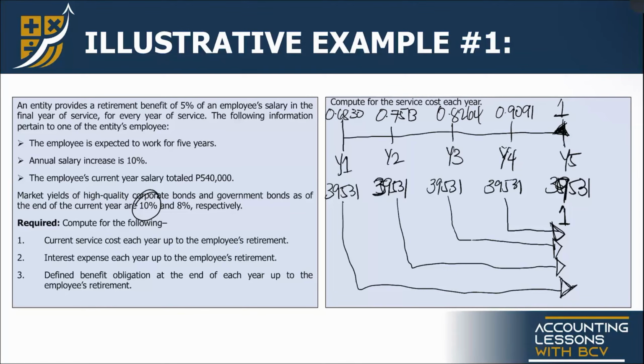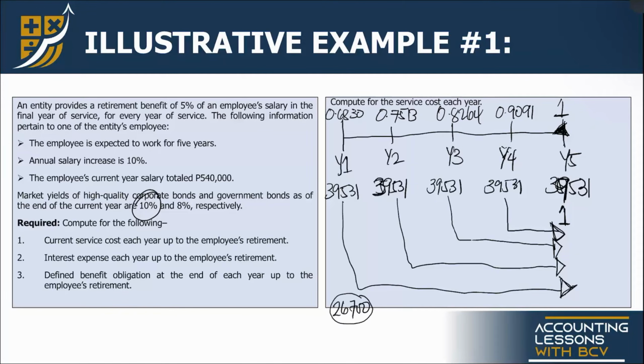Okay. So, simply multiply the annual benefit by the present value factor. Okay? So for year 1, what's the service cost for year 1? 39,531 times 0.6830. That would be 26,700. Lagay natin dito. Okay?